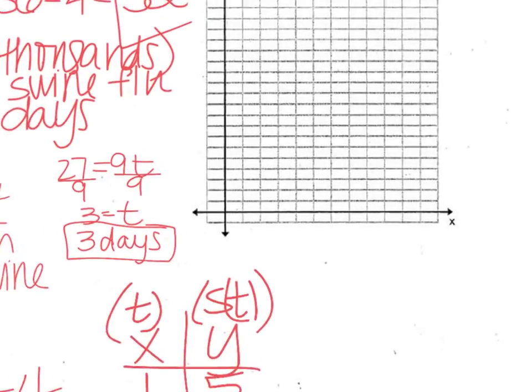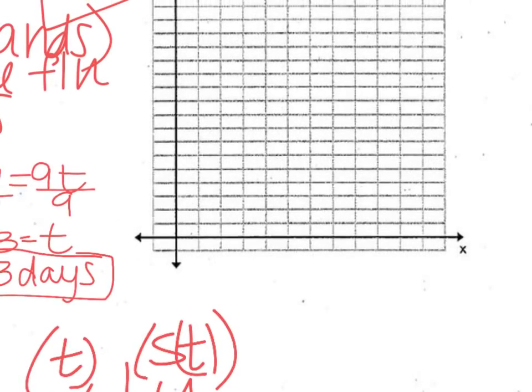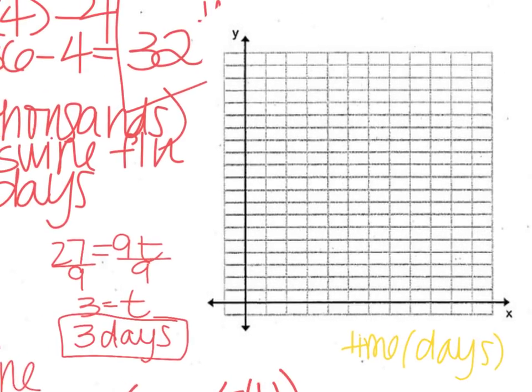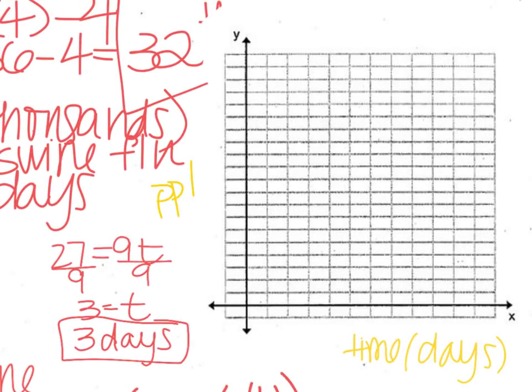So our T, or our x, is time in days, right? And then our y-axis is our people in thousands. So let's say that every 2 boxes is 1 day. So 3 days, 4 days, 5 days. And then we want number of people in thousands.